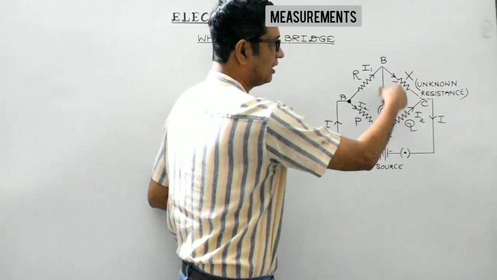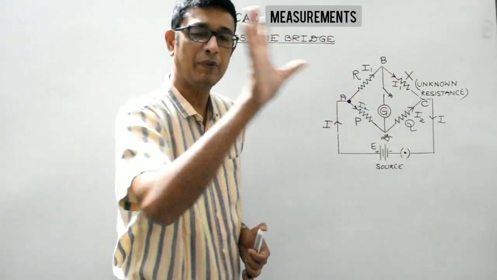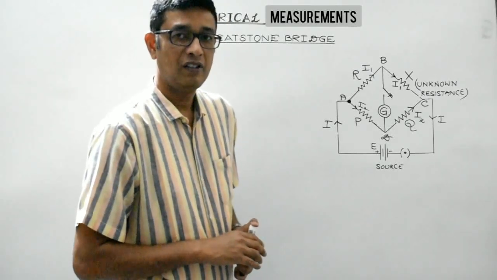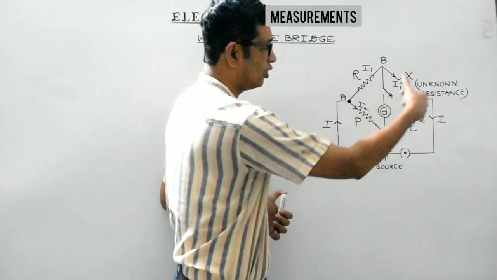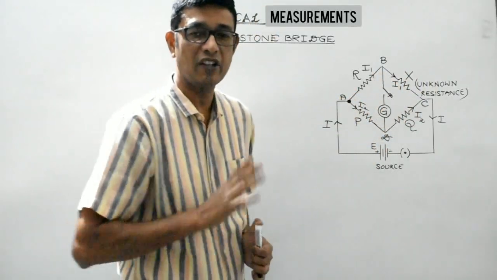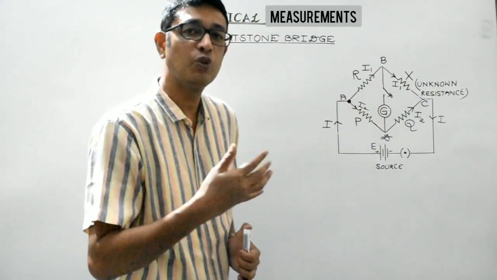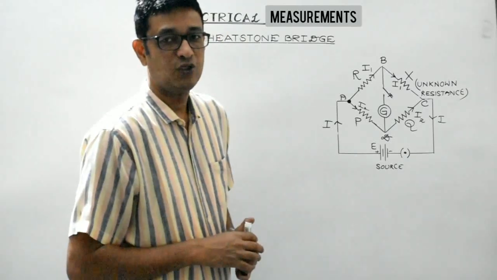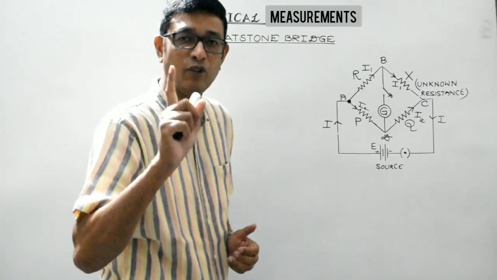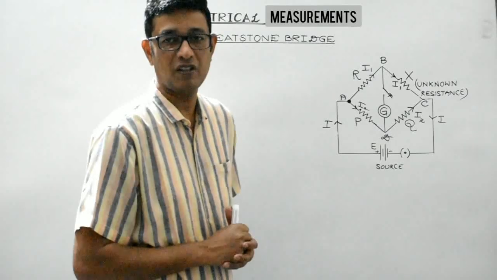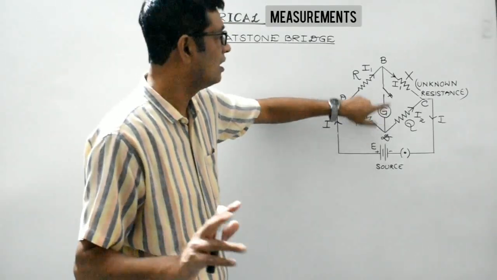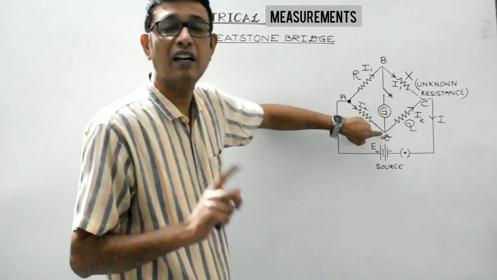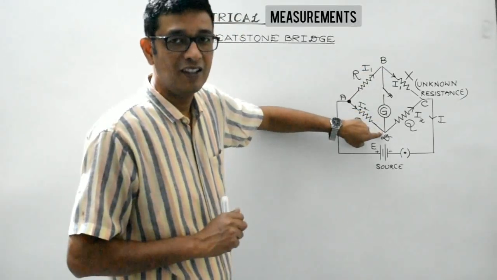Now suppose on pressing the tapping key, the galvanometer shows 0 deflection. Even on pressing the key, the galvanometer keeps showing 0 deflection. It is in this case, when the galvanometer on pressing the tapping key shows 0 deflection, that the bridge is said to be balanced. So at the balanced condition, the galvanometer shows zero deflection. And if it is showing zero deflection, it clearly suggests that point B and point D are at the same potential.